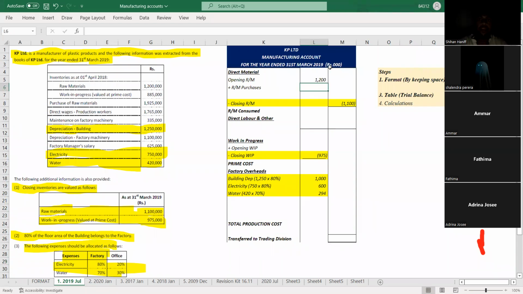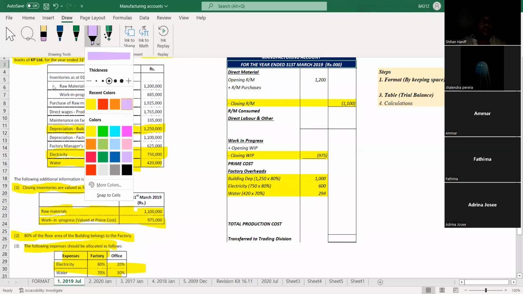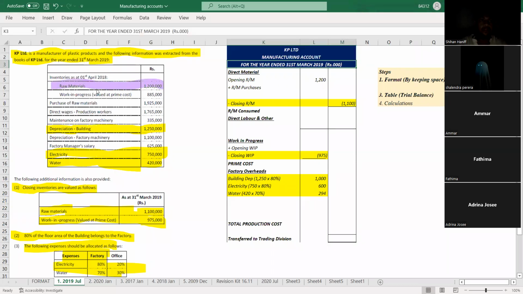So we are doing everything in thousands. So it's a must to write in rupees 1000. Raw material. Work in progress 885. Now I'm taking these balances. Work in progress 885.